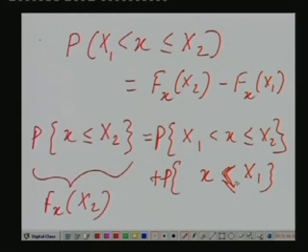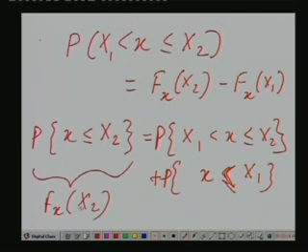Actually, I am making a subtle change here: X is greater than x1, but less than or equal to x2. Then this formula will be valid. For that, first I consider this set, X less than or equal to x2. This you can decompose like this: X greater than x1 and less than or equal to x2, and X less than or equal to x1. These are mutually disjoint. So the probability of this is equal to the probability of this plus the probability of this.